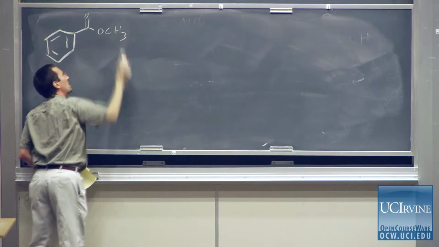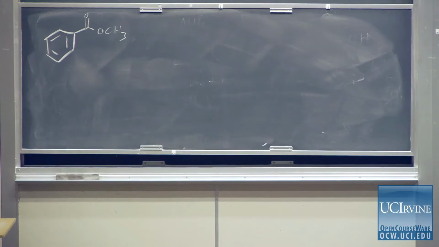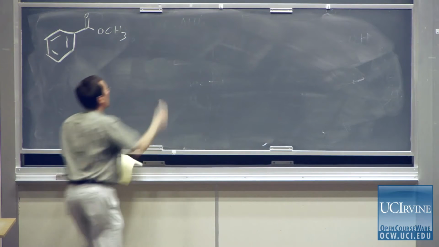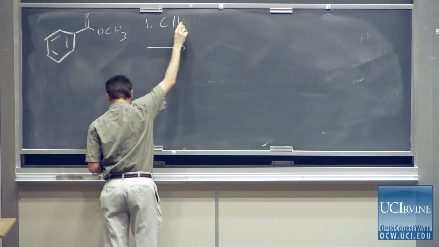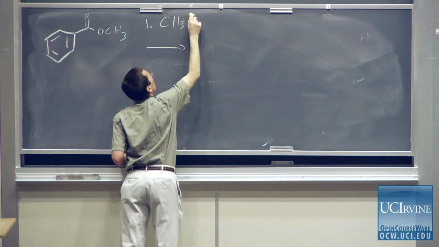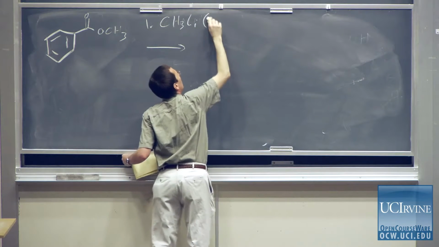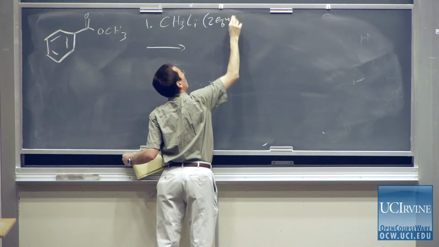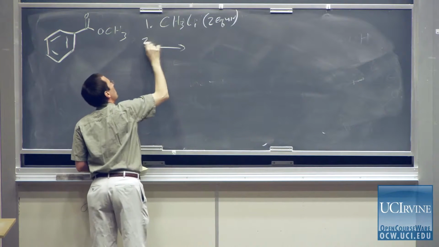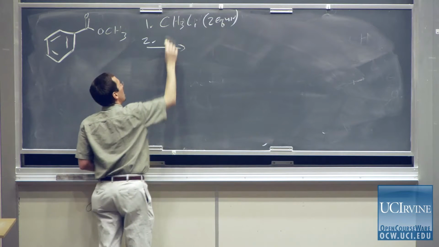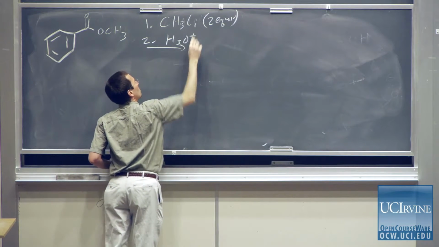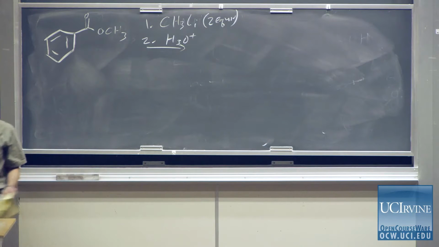And so I'll take our same ester, I'll take methyl benzoate, but I'll treat it first with methyl lithium. And I'll write in parentheses 2 equivalents. I'll try to remind us that we're using a full amount of it. And then secondly, we'll treat this with some aqueous acid.